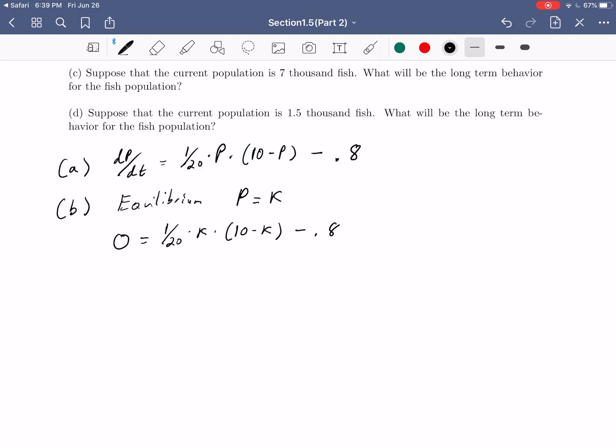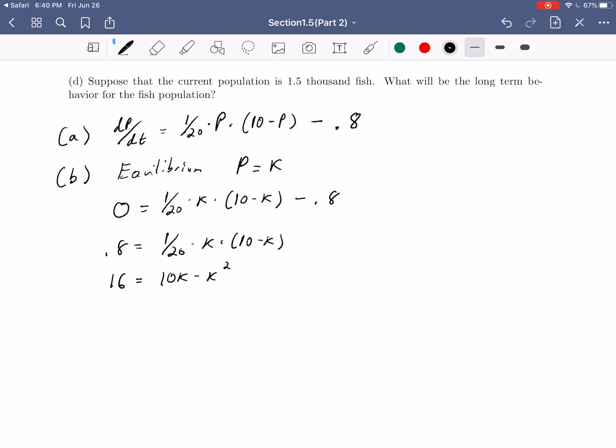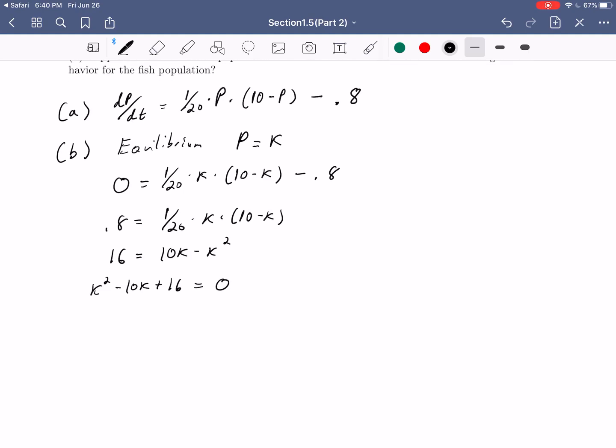We can bring the 0.8 over. So 0.8 equals 1 over 20 times k times 10 minus k. Then I suppose we can solve by multiplying 20 on both sides. So it looks like we get 16 is 10k minus k squared if we multiply out. And then we can bring this stuff to the other side. K squared minus 10k plus 16 is equal to 0.